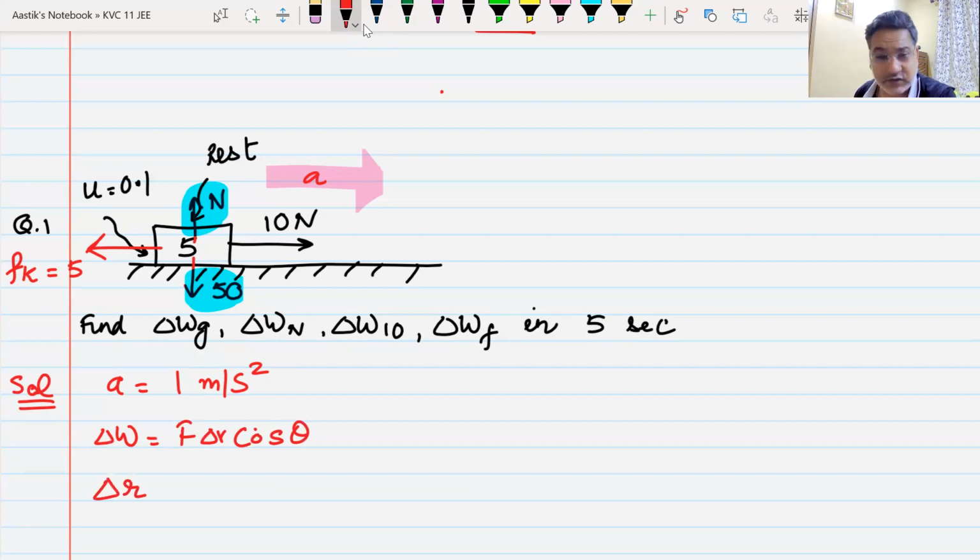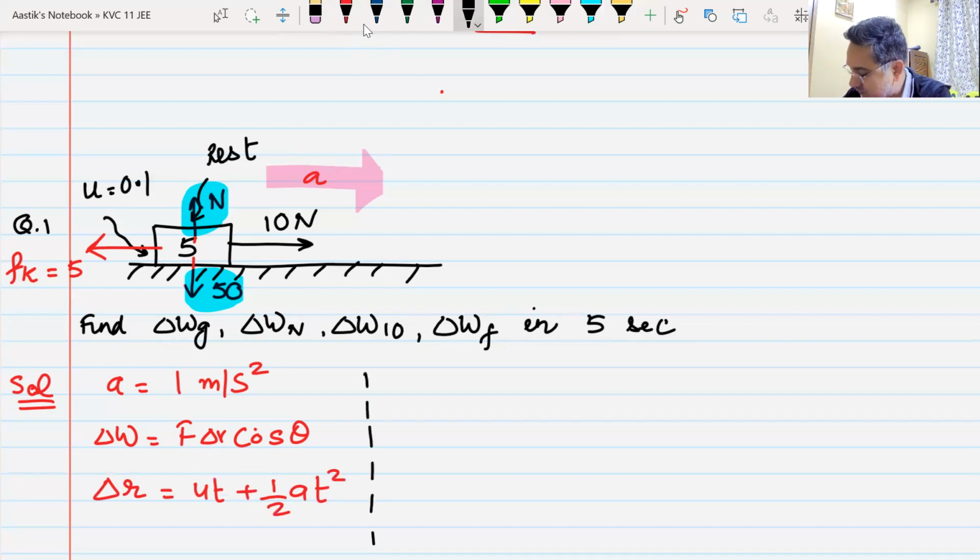I know the initial velocity. I know the time. I know the acceleration. I must be able to find out the displacement using the formula ut plus half at square. From there, I will get the displacement. Can anyone tell me what is the displacement?